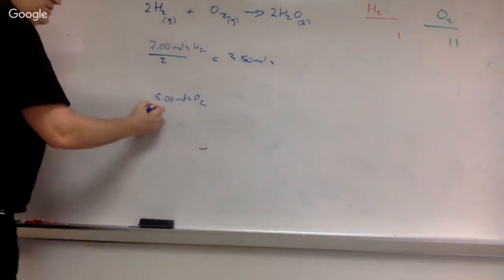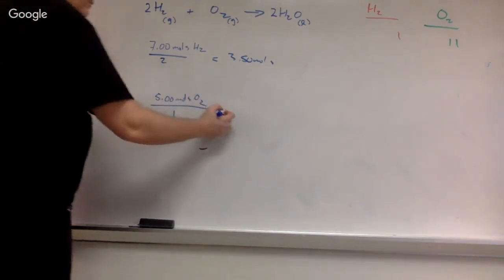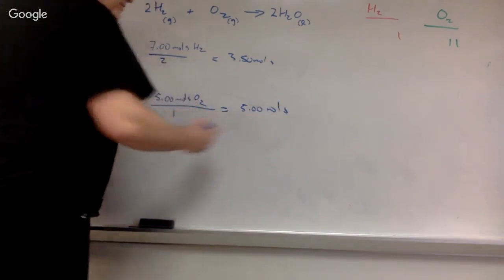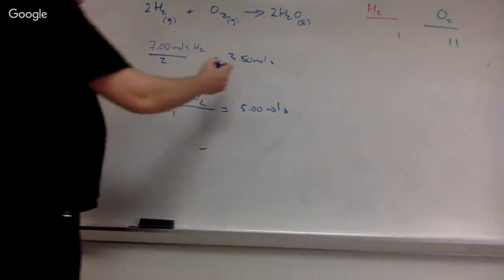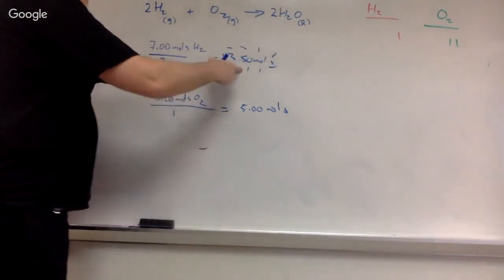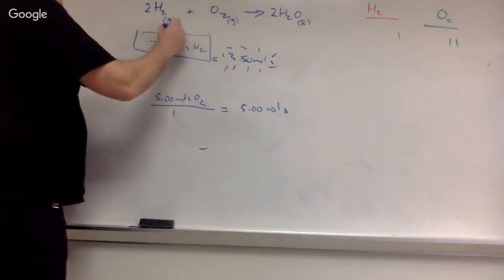Wouldn't this be 5 divided by 1? So wouldn't that be 5 moles? Isn't this smaller? Yes. This is smaller, therefore this is my limiting reactant.